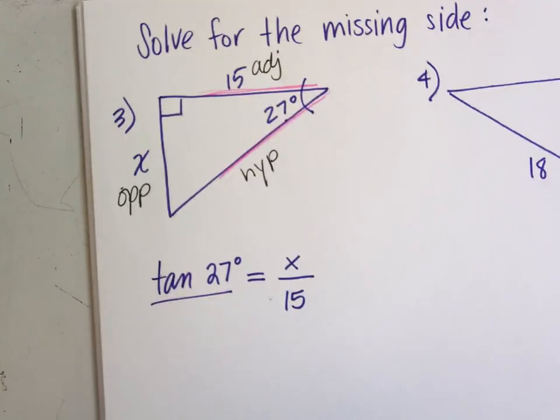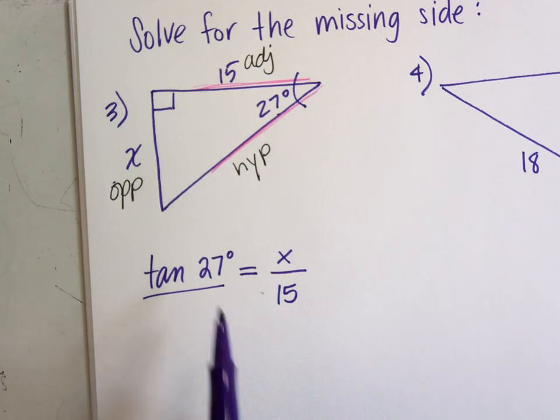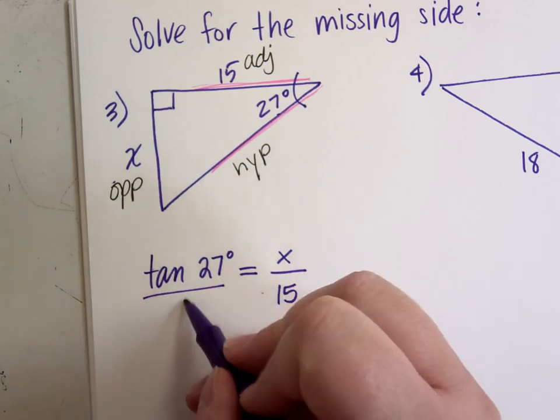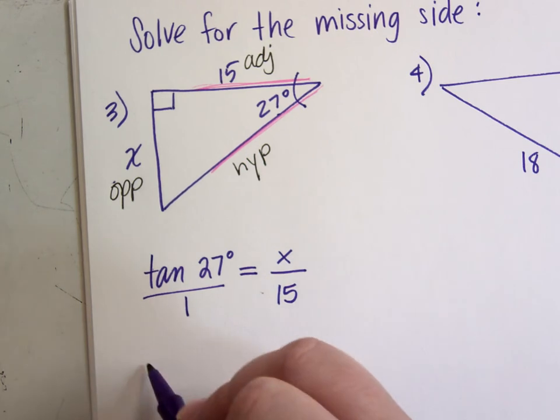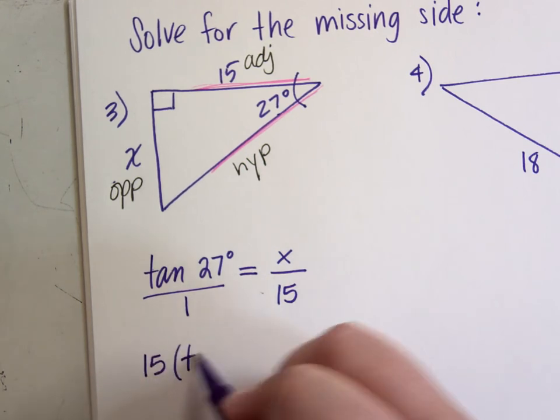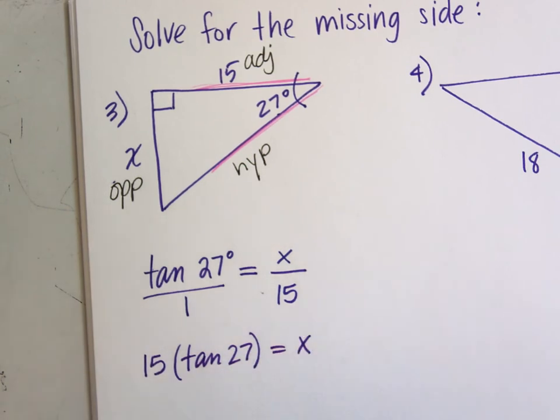I drew this little line because once I have this equation, the easiest way for most people to solve it is to think of it as a proportion, because everybody knows how to cross multiply. So we're going to cross multiply: 15 times tan 27 equals x times 1. I don't need to write times 1, because x times 1 is just x.